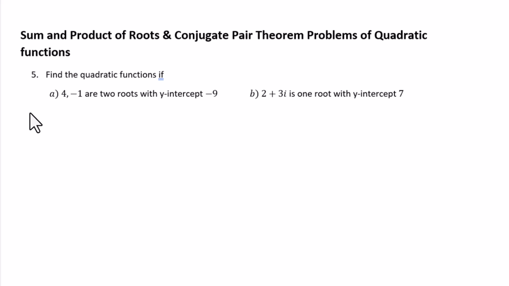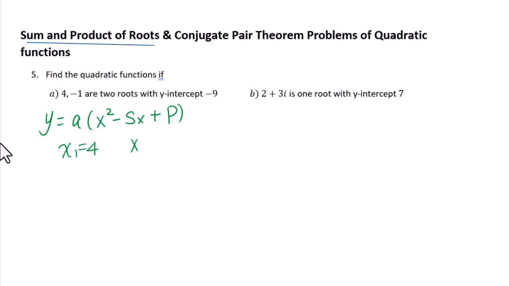Let's go to question 5. Find the quadratic function if 4 and negative 1 are two roots with the y-intercept negative 9. We will use Vieta's form. x1 equals 4, x2 equals negative 1, s equals x1 plus x2 equals 4 minus 1 equals 3.